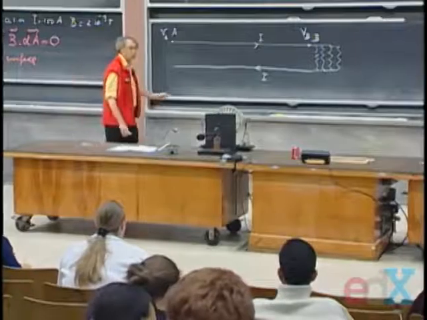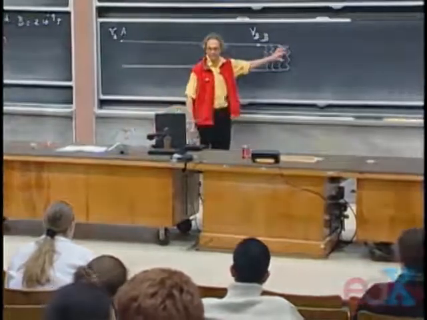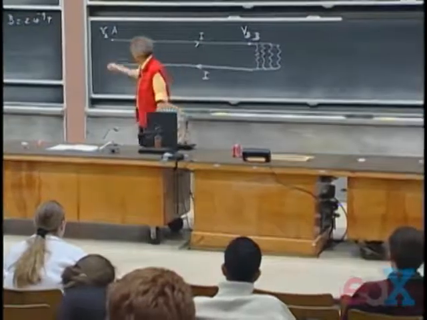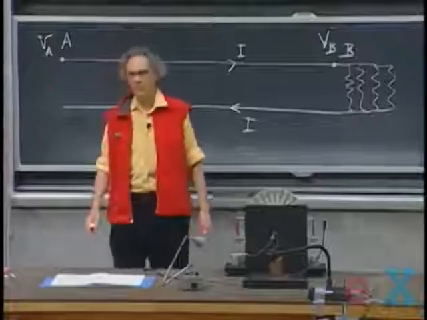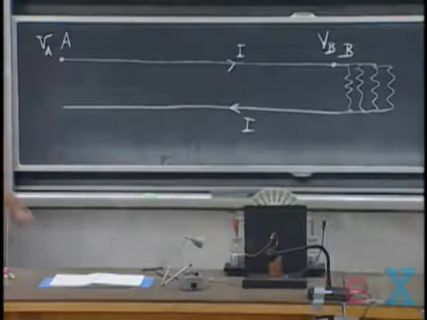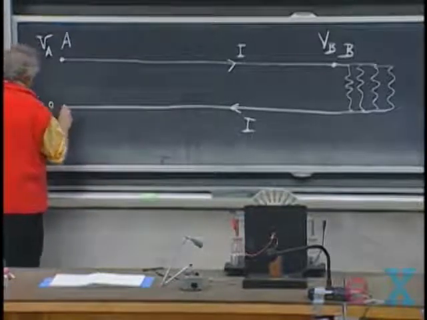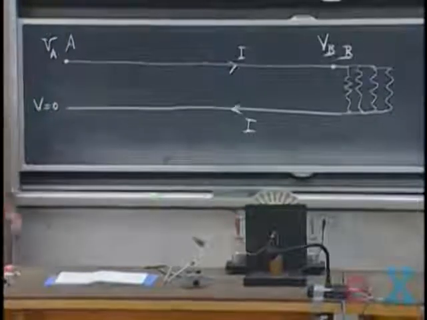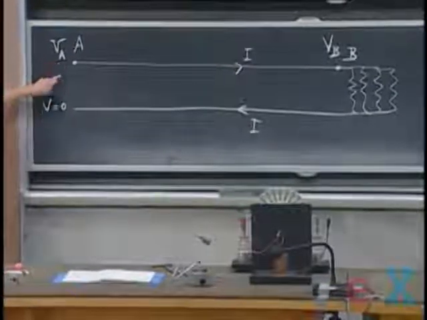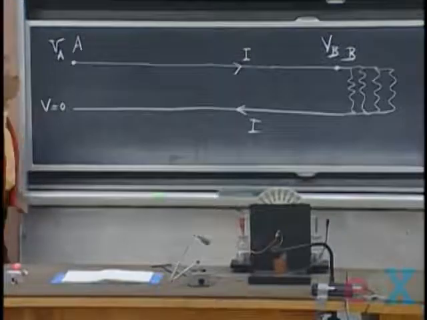And so you are the consumer here. You take the energy that is provided by this power station. I will call the potential of this line 0. And so this is V of A higher than this line here.